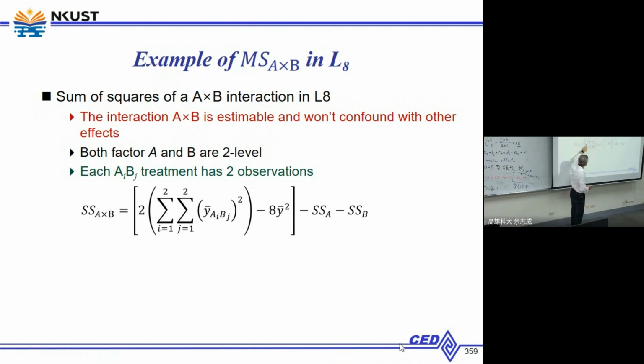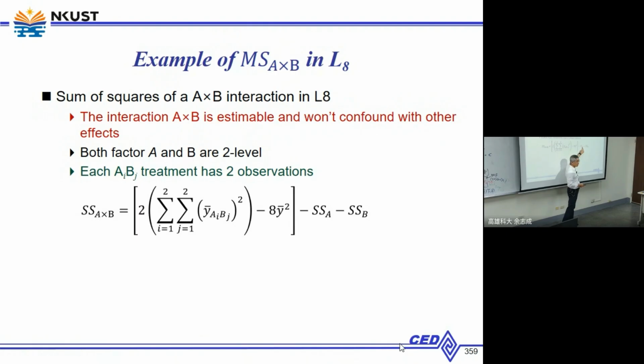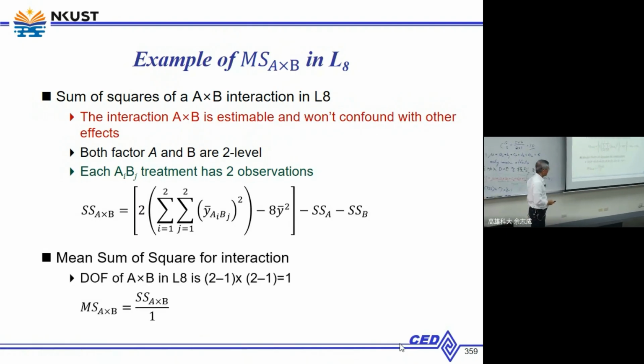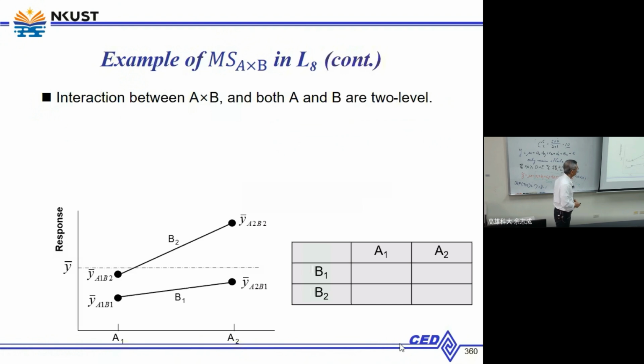Here, the repetition will be 2 when you calculate the average, and the total number is 8 in the orthogonal array. Because this is interaction AB, you need to subtract the sum squared due to A and the sum squared due to B. When you calculate the mean sum square, because the degree of freedom for this interaction is only 1, the mean sum square is divided by 1.